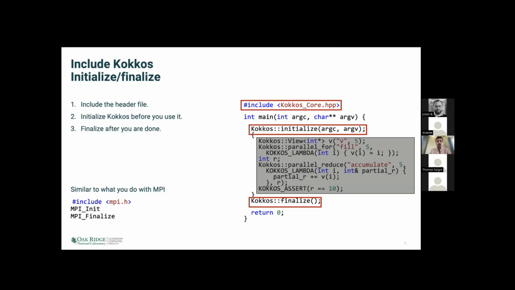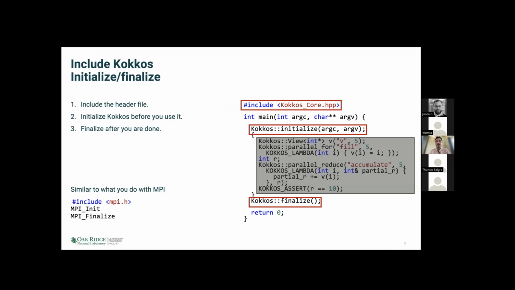To use Kokkos in your actual C++ code, you need to do two things. You need to include Kokkos, so the generic header that we tell you to use in all our tutorials is Kokkos_Core.hpp, which brings all the main things from Kokkos core. You need to put that in your source code.